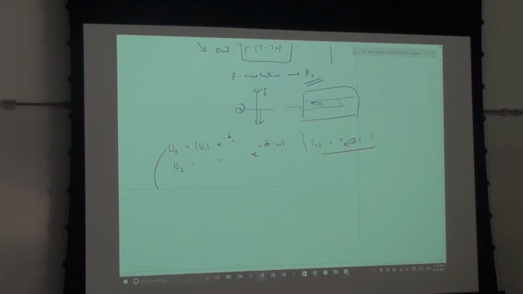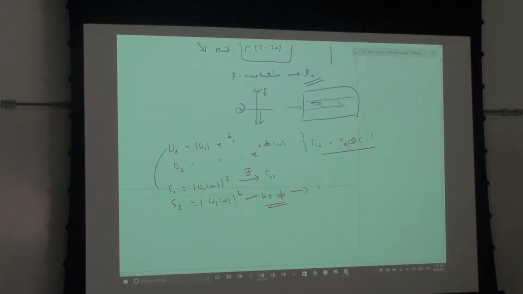But if I correlate 1 with 1 and 2 with 2, what I get is that the spectrum 1 is actually U1 of omega squared, spectrum 2 equals U2 of omega squared, which means no phi factors in. The Fourier transform of this will be gamma 1, 1.